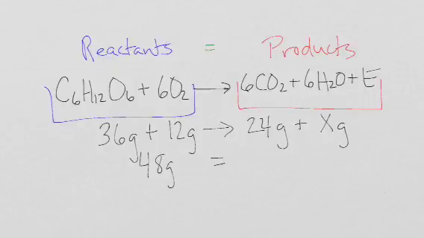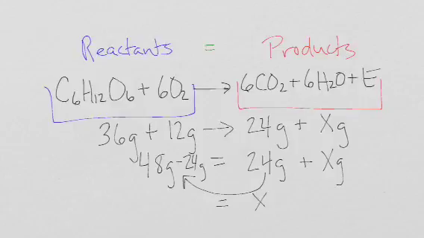So, by taking this 24 and bringing it over to this side, we end up subtracting 24, and that's going to leave us with X being equal to 24. Because both sides here have to be equal, right? So this is one way of doing a law of conservation of matter problem.